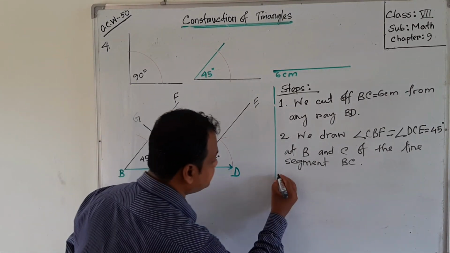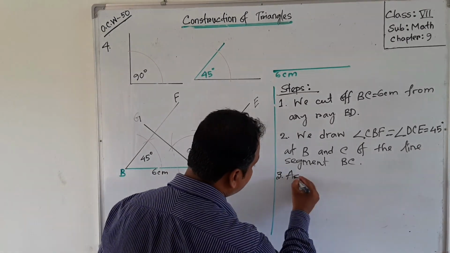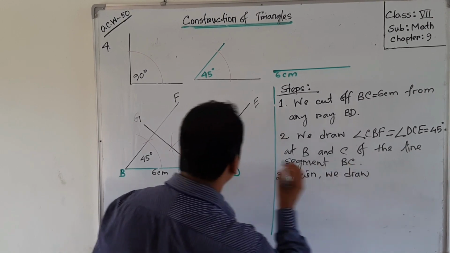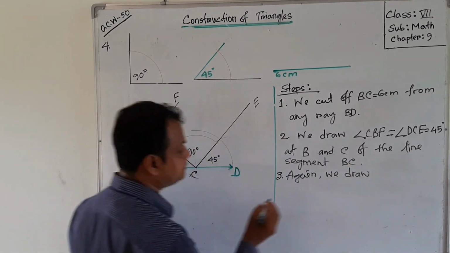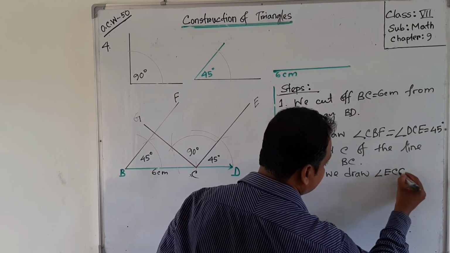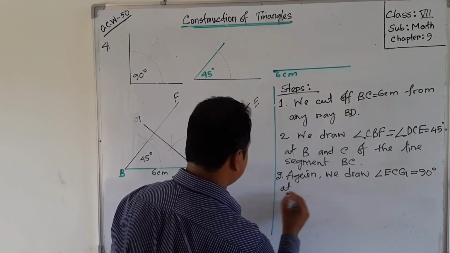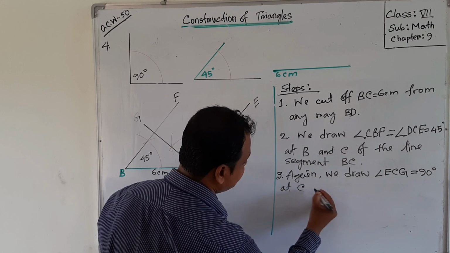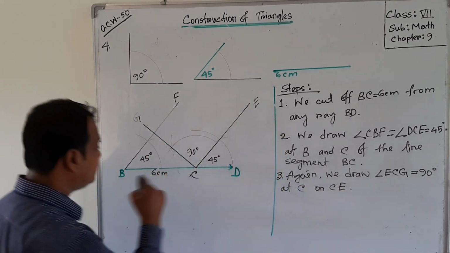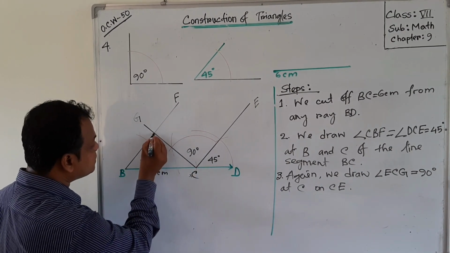Third point. Again we draw angle ECG equals to 90 degree at C. On C. This CG and BF intersect this point.